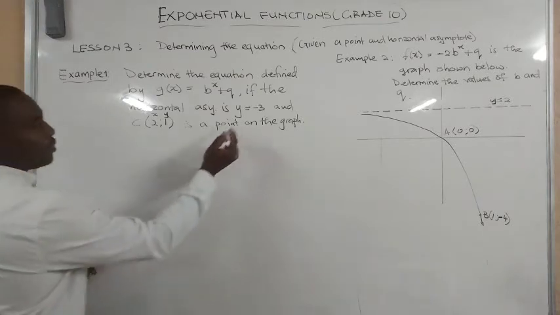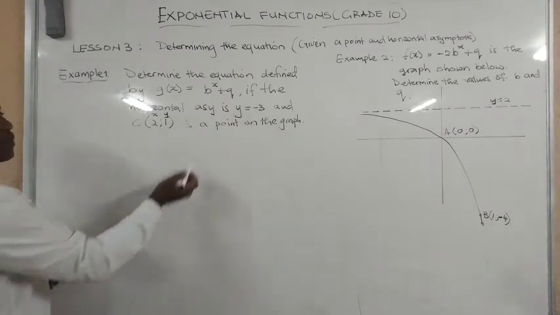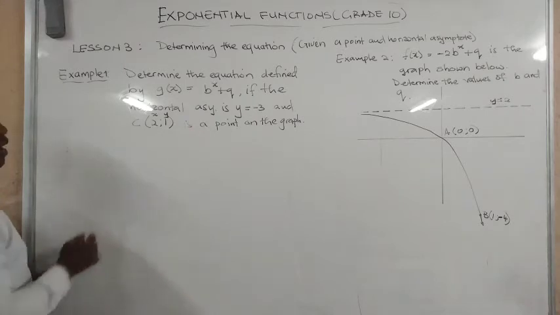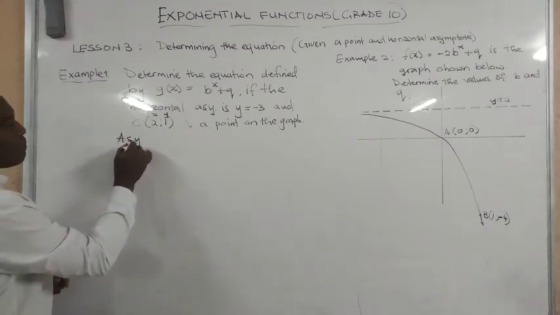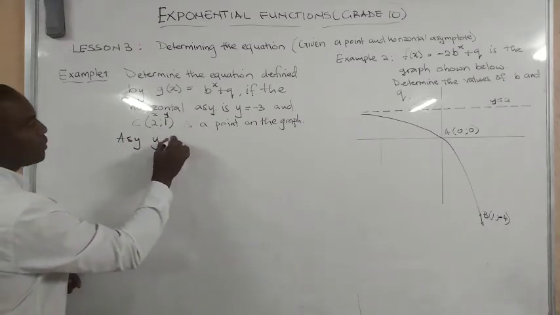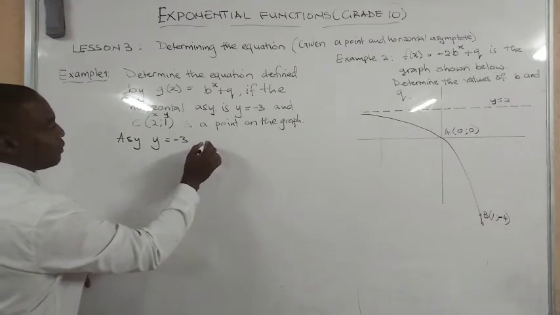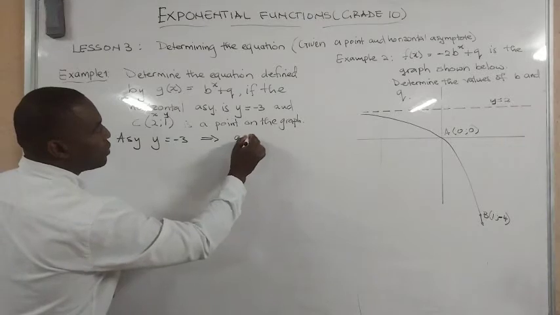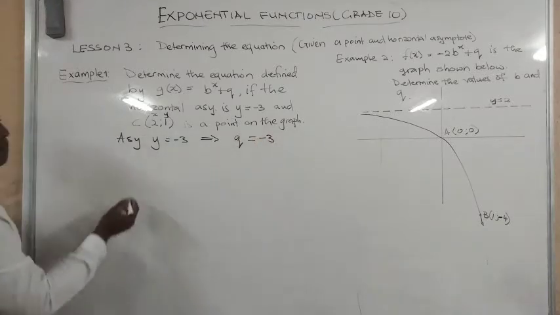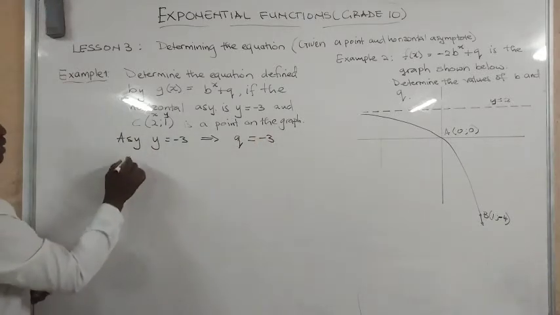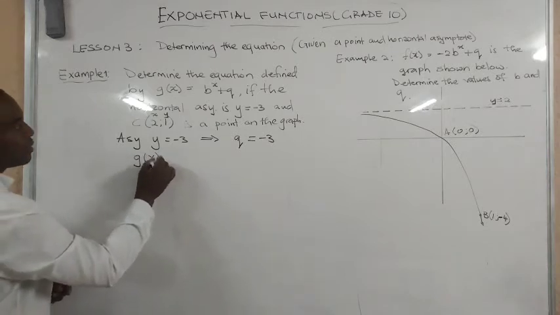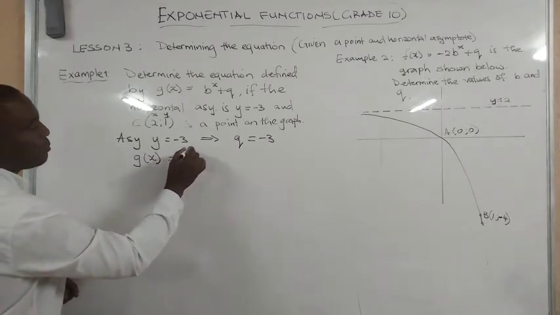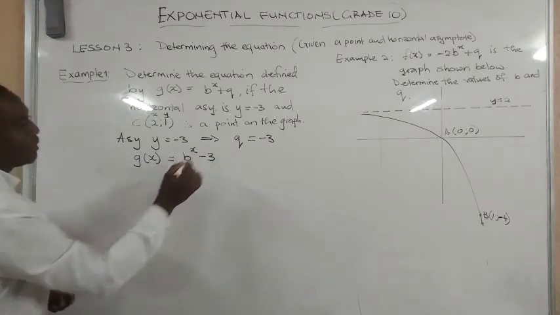So the moment you are given the asymptote, it connects directly to the value of q. So the asymptote is y is equal to -3, which implies that q is equal to -3. Then writing that into the function, g of x will be equal to b to the power x minus 3.